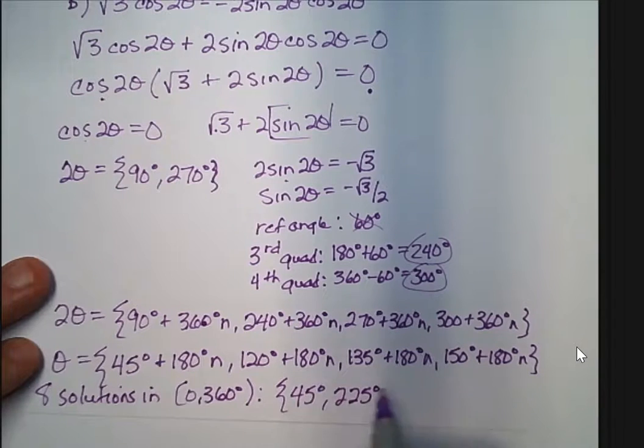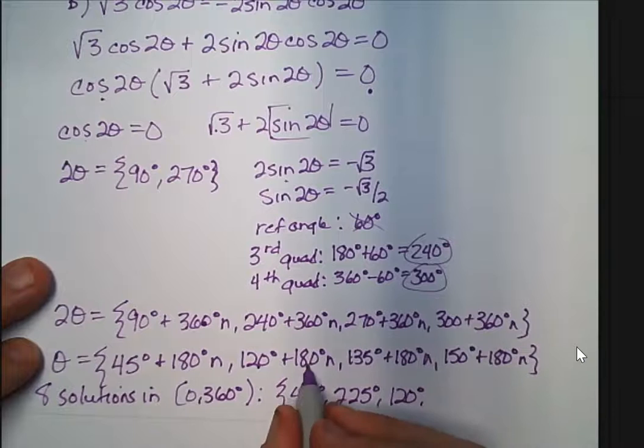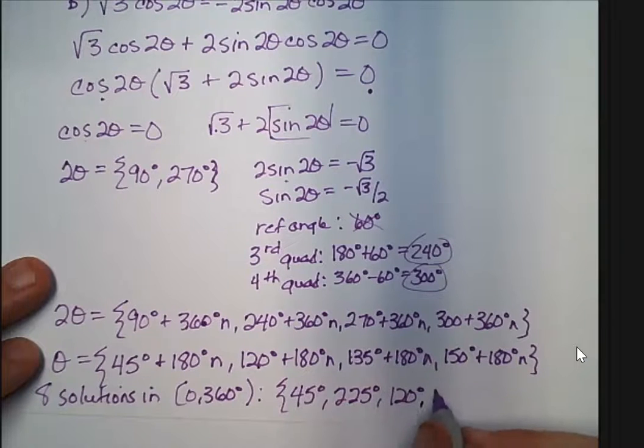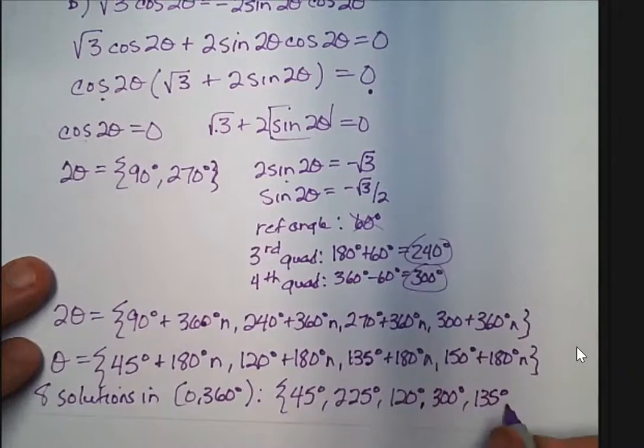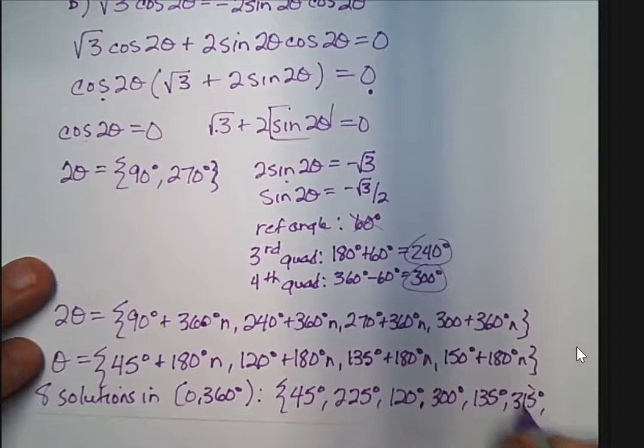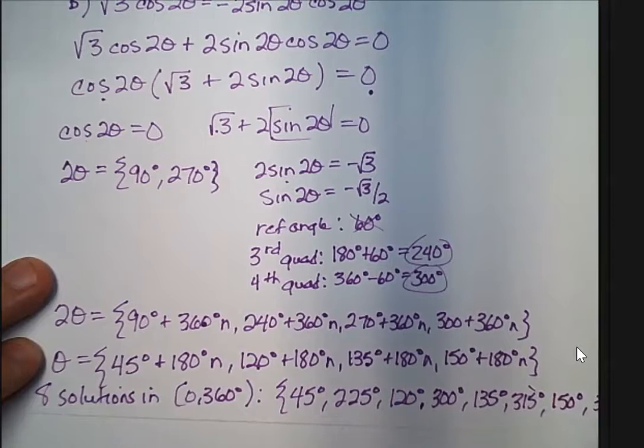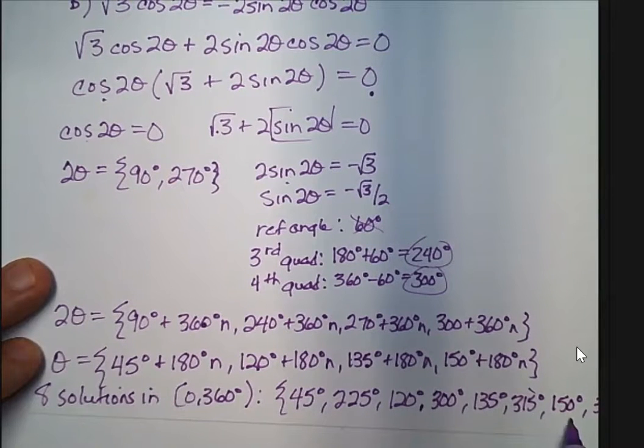Then let's go on to 120. Then 120 plus 180 is 300. Then we've got 135, and 135 plus 180 is 315. Then we have 150, and 150 plus 180 is 330 degrees. So there are our 8 solutions.